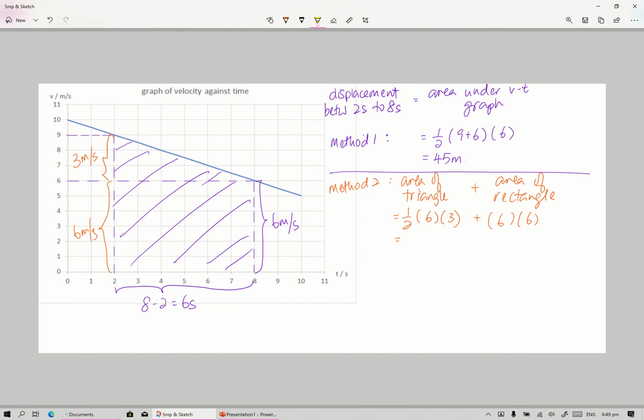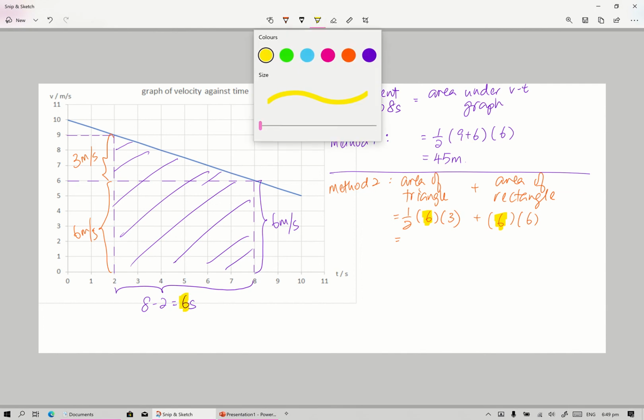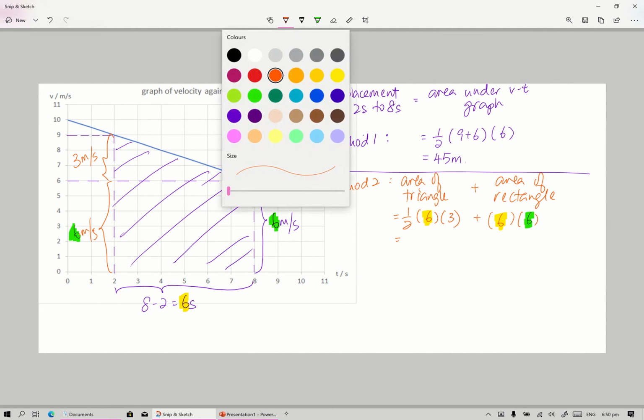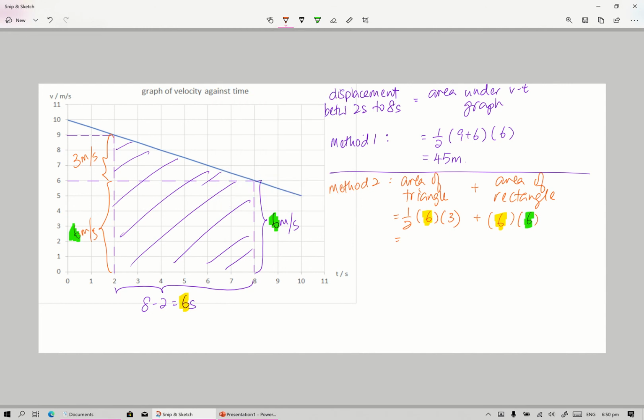By chance the numbers look almost the same, so I'll just pinpoint where these 6 come from. These 6 and these 6 are the same and belong to this 6, and this 6 belongs to this one. And you also get 45 meters.